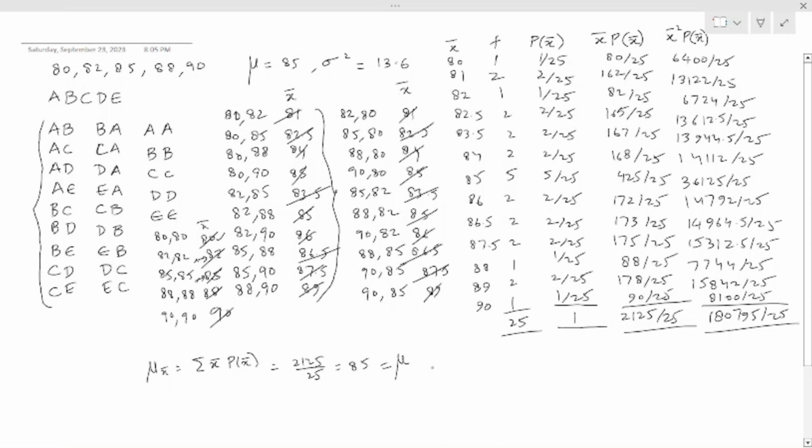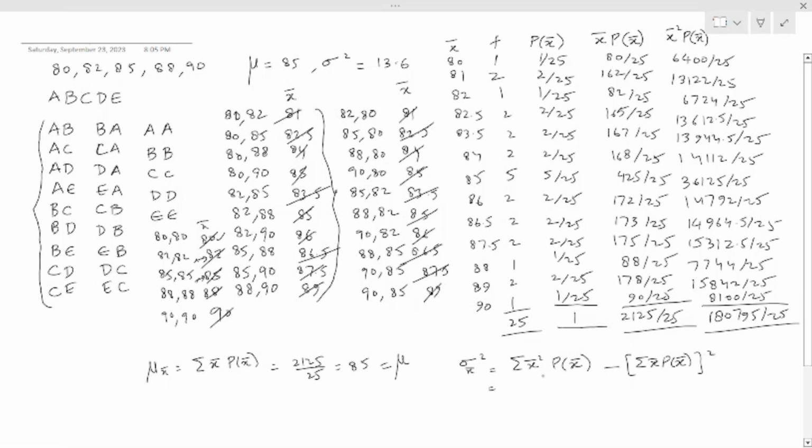Similarly, if we consider the formula for sigma of x bar squared, we can compute it as the sum of the product of x bar squared and probability of x bar, take away the sum of x bar times probability of x bar, whole squared.